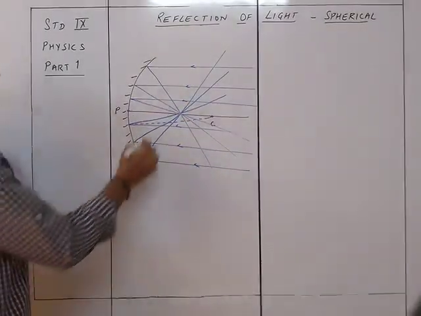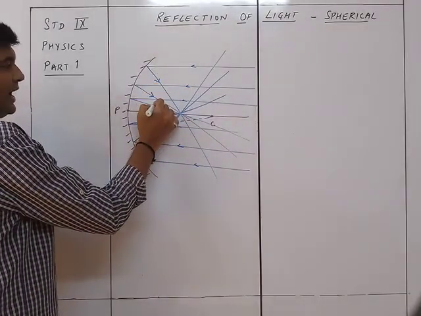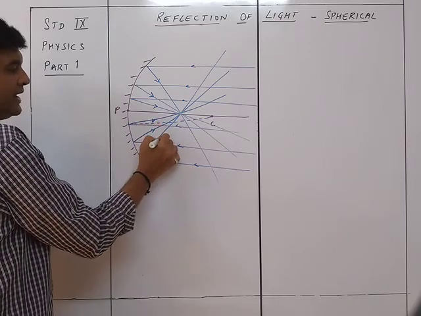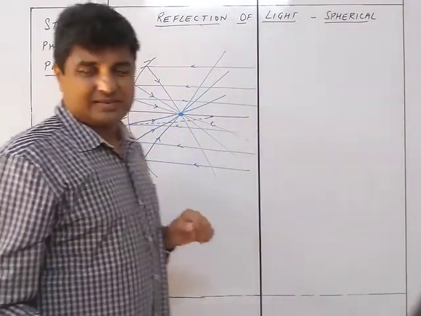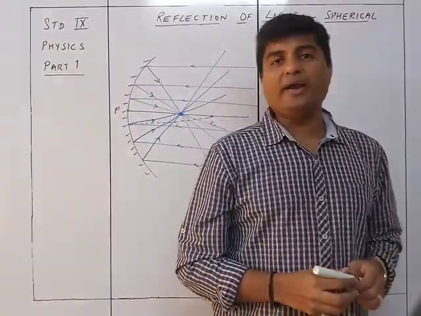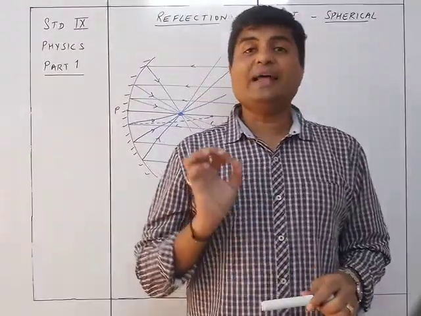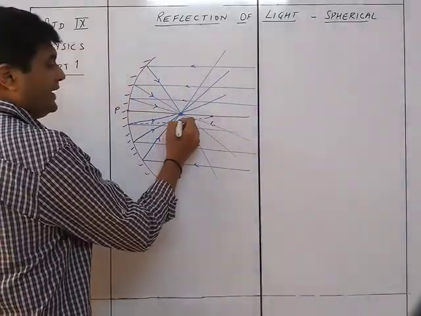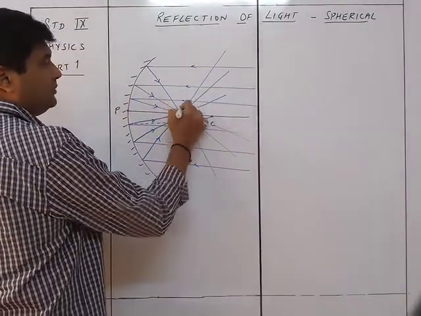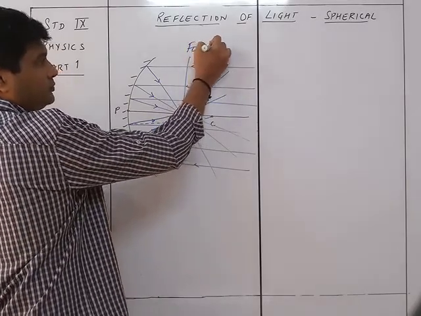So it will be seen that all these rays, after reflection, are going to pass through a point on the principal axis, and that particular point on the principal axis is called the focus.